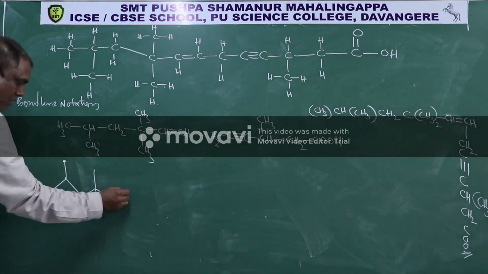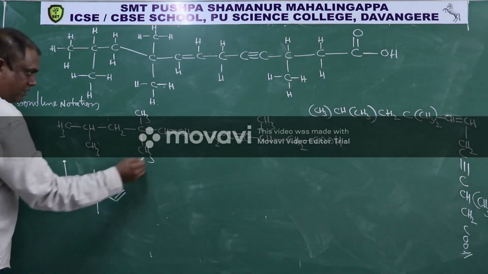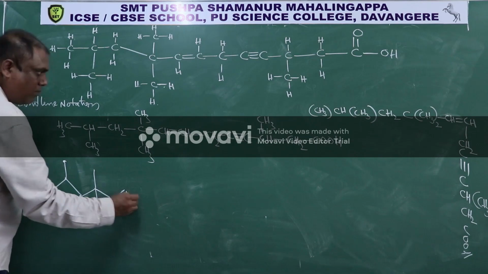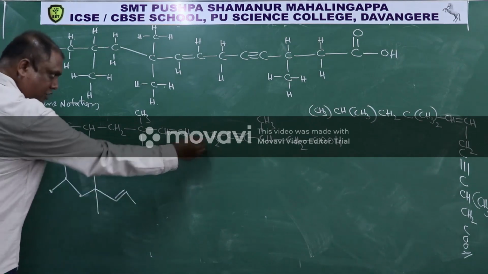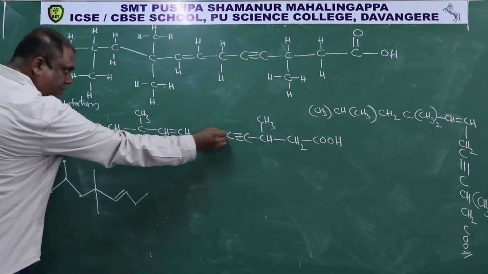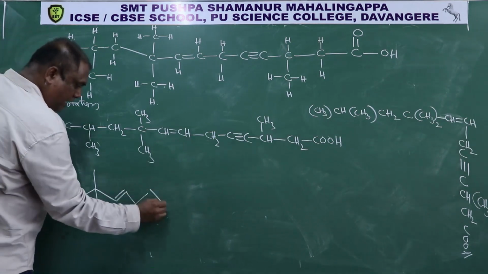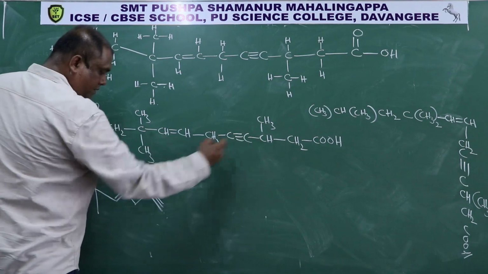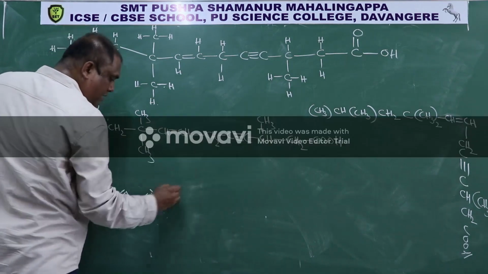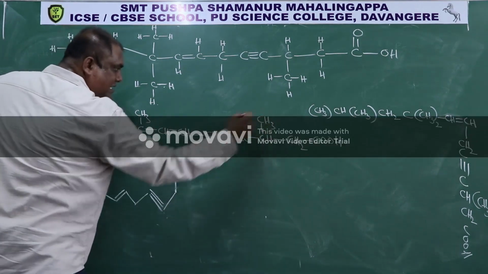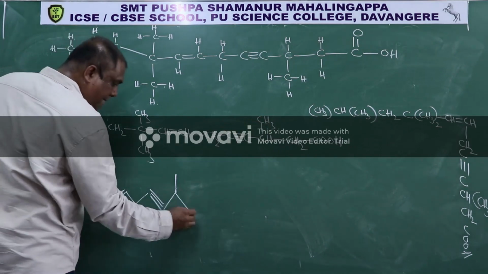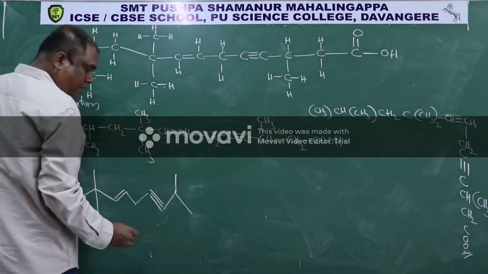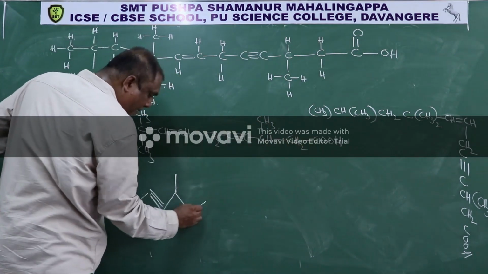Then this double bond, then this C, then single bond, then CH2, then this C, triple bond, then this C. To that again a CH3 is there, then CH2, then this C. But how is that C?